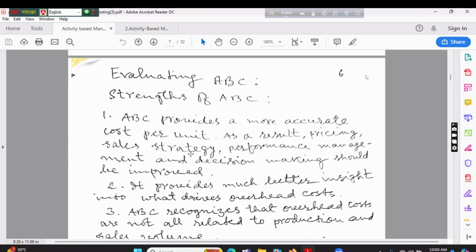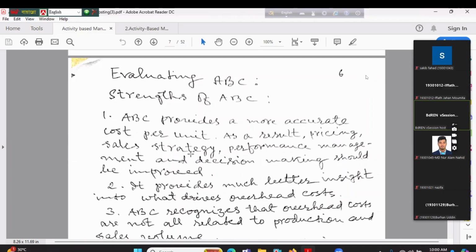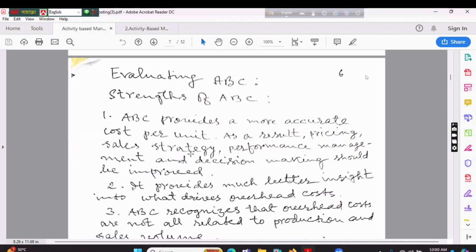Traditional cost systems fail to recognize that non-volume related costs vary with such transactions as the number of inspections performed, the number of setups, and the quantity of scheduling.